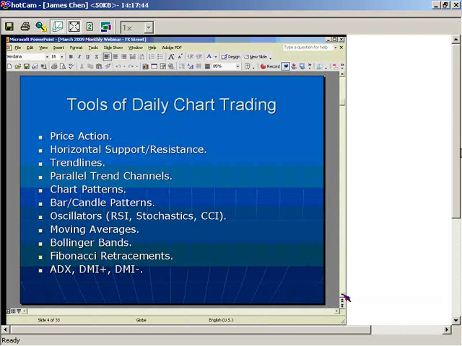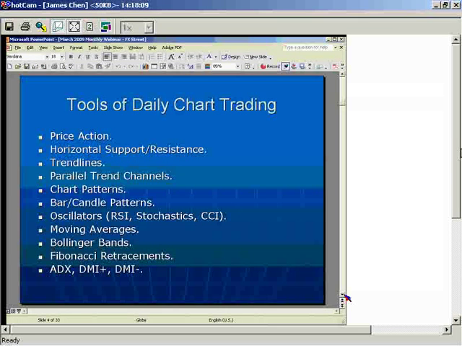Moving averages, many people may use for looking at crossovers. I don't generally do that. I mainly use moving averages for the slope to look for trend, as well as separation between or among many different moving averages to look at the strength of a trend.